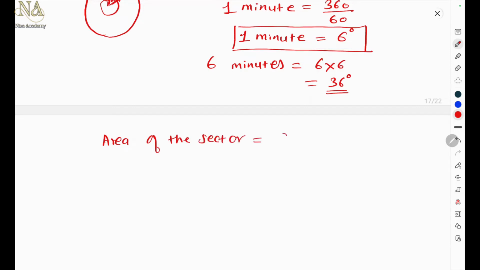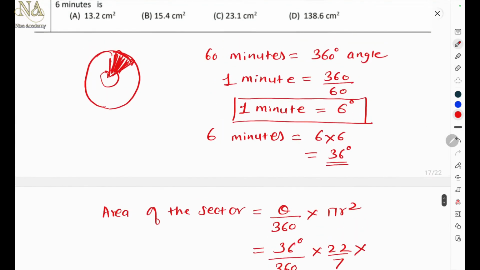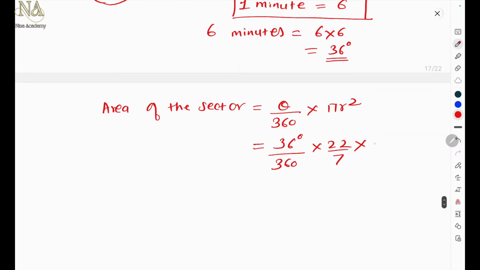What is the formula? Theta upon 360 into pi r squared. Theta is given to us, it is 36 degrees. 36 upon 360 into pi, we can take 22 by 7. R is the radius, that is the length of the minute hand, 21 into 21.